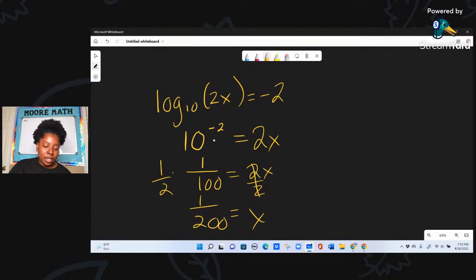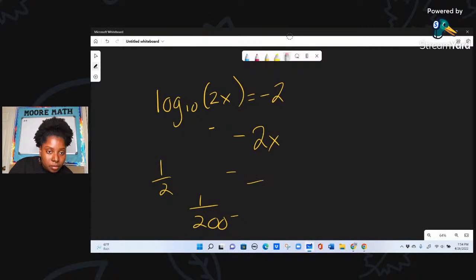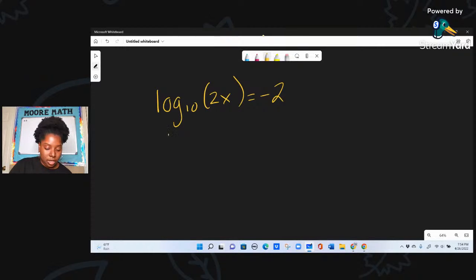So the 10 and the log will cancel each other out, okay? Let me show you. When the base is 10, it'll look like this: 10 to the log base 10 of 2x equals 10 to the -2.